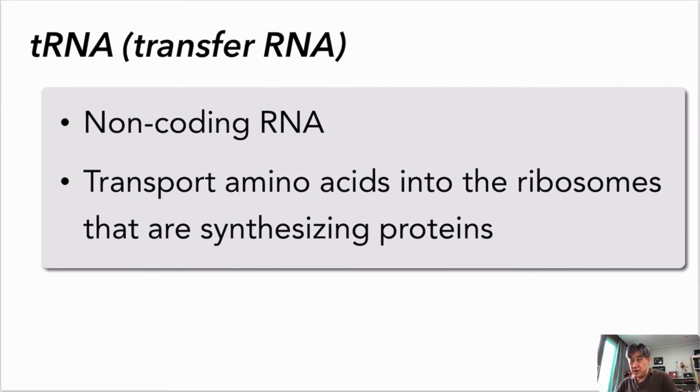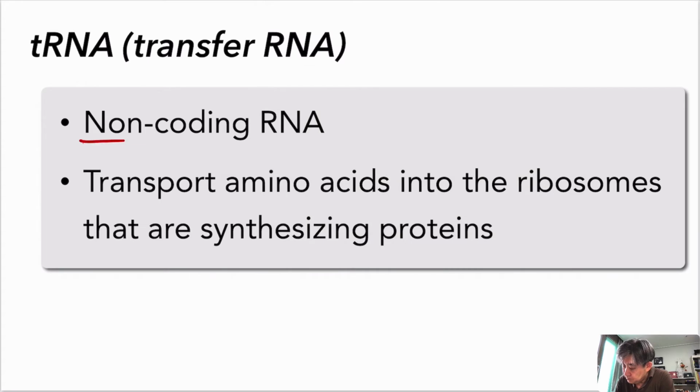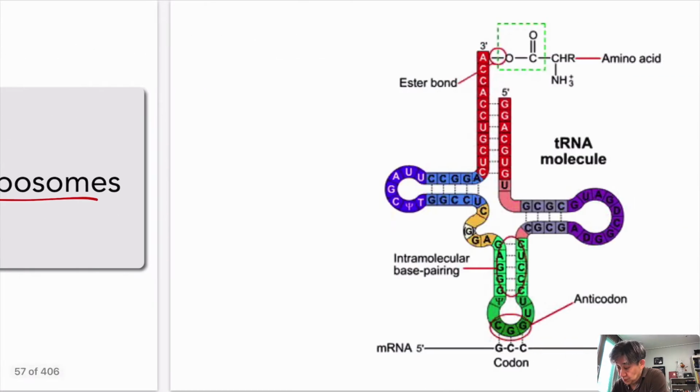And transfer RNA is also a non-coding RNA, and its function is as a carrier of individual amino acids to the ribosome so that each individual amino acid can be assembled together. So this is absolutely a necessary component for protein building, the translation procedure too.